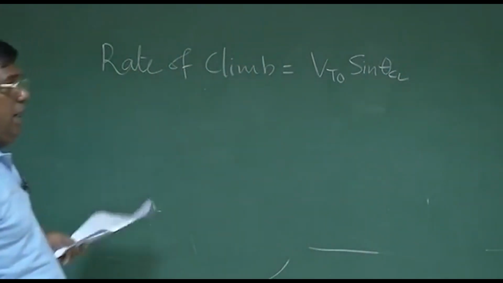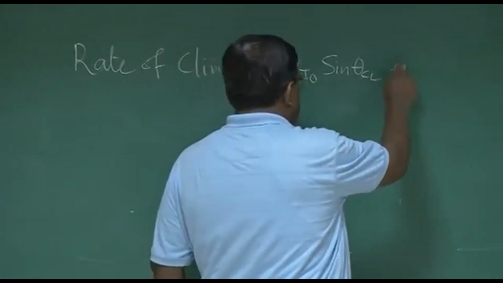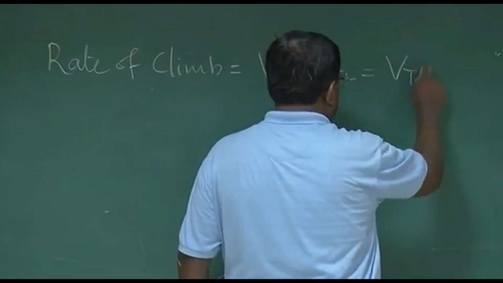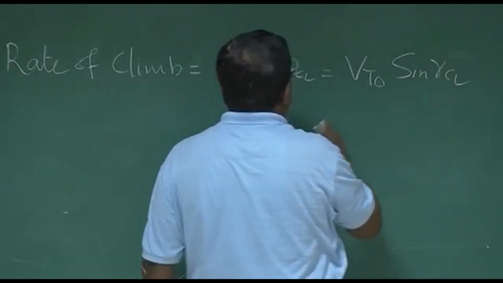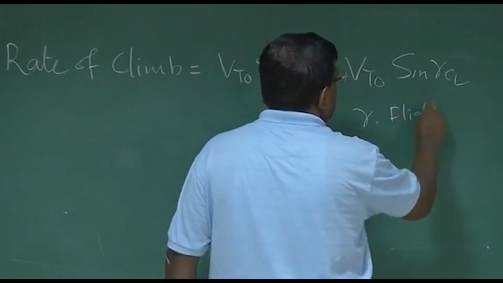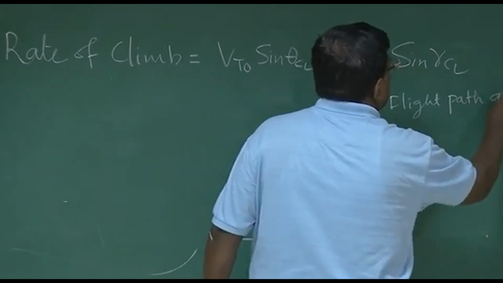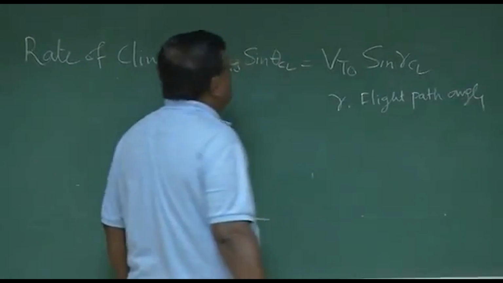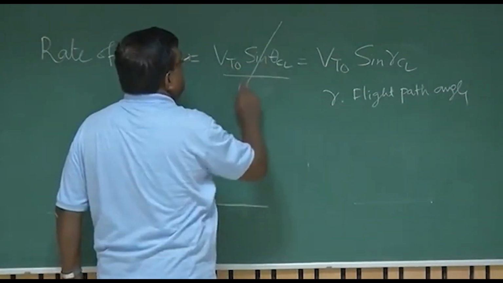Actually, I am using here theta CL. To be more precise, I will prefer to write it as V takeoff into sine gamma CL, because for us gamma is the flight path angle. If you see in textbooks, they sometimes use theta CL.